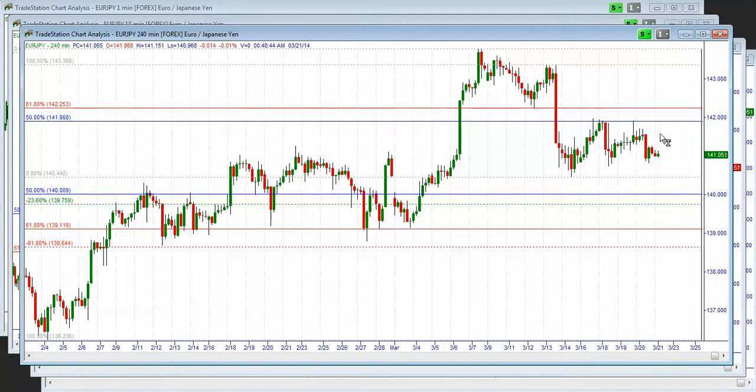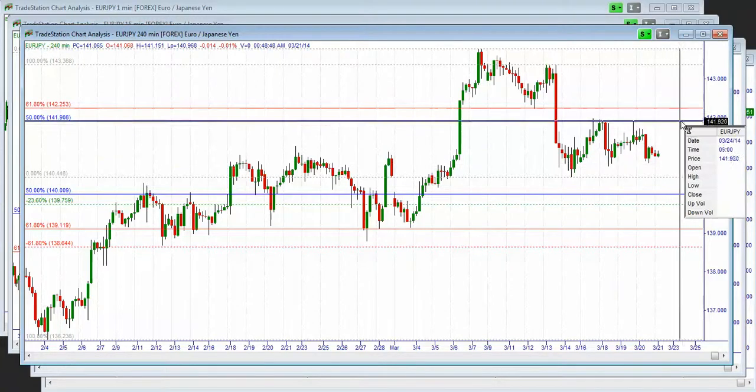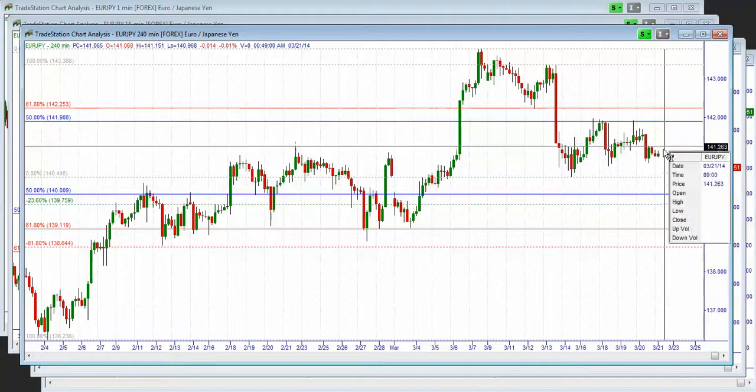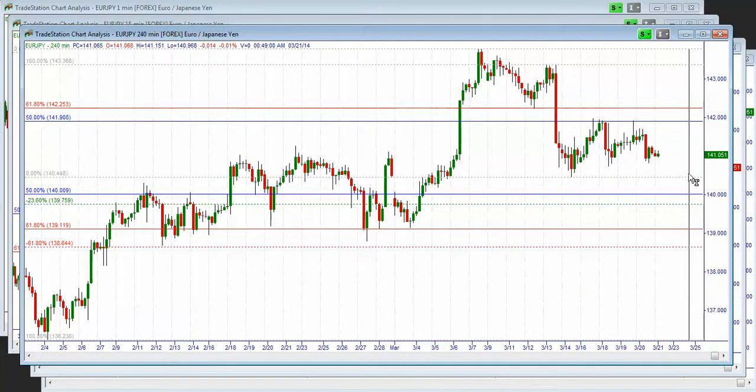If on Monday or tomorrow we do another trip into 141.90 and then we see the sequence of measured moves fail here, using the fib stalking technique you can enter short with a stop above 141.27 here and ride this price into 140 basically. It's going to be a very important level, and this is going to probably be a 4 reward to risk ratio. So if you use 0.5% of your account, you can make 2% on this good trade.